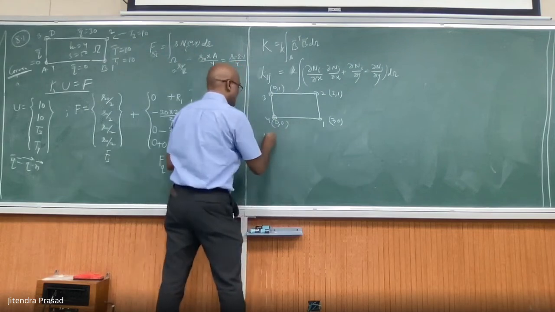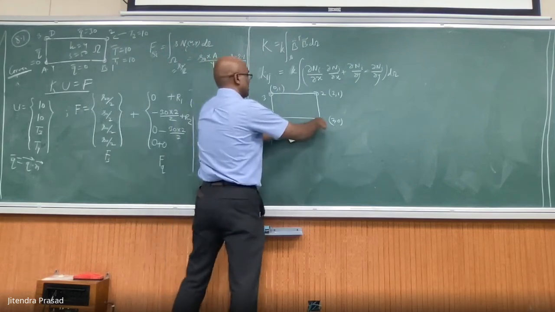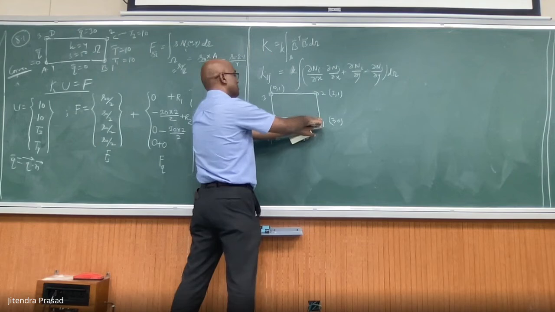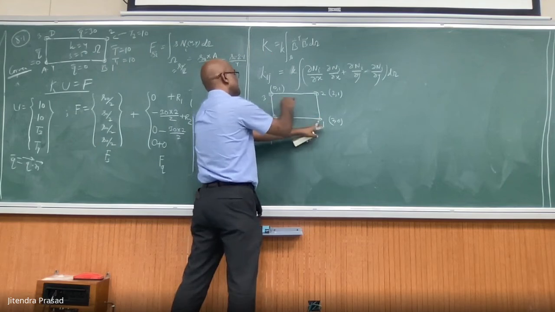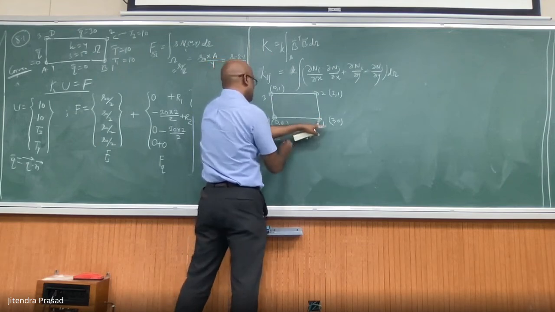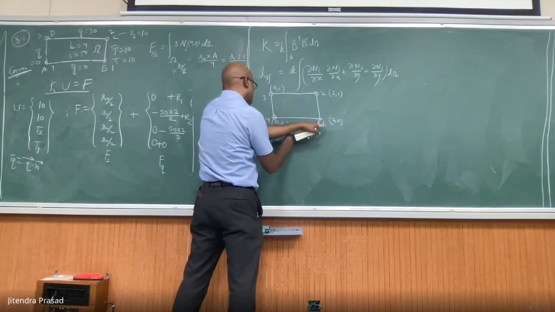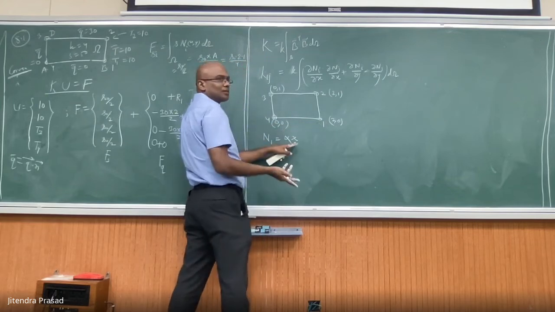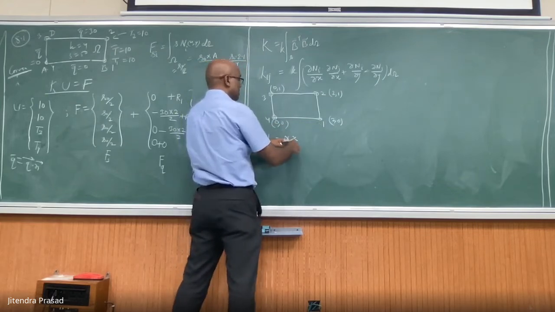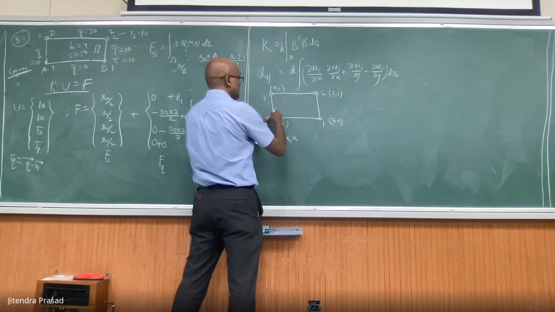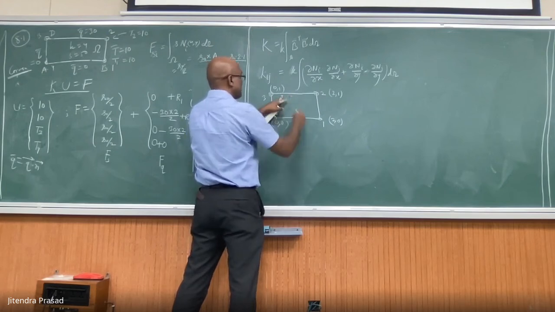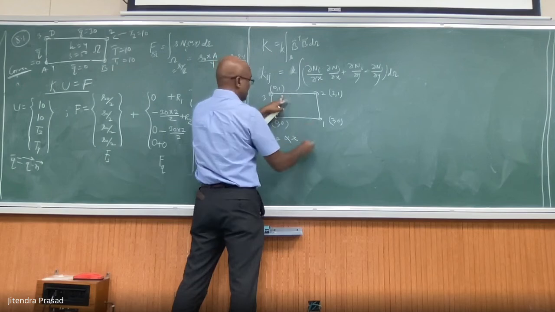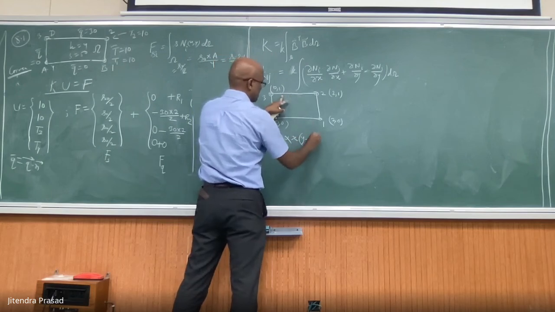So N1 will be equal to what? This line and this line, right? So you have x equal to 0. This one is y equal to 1, so y minus 1.